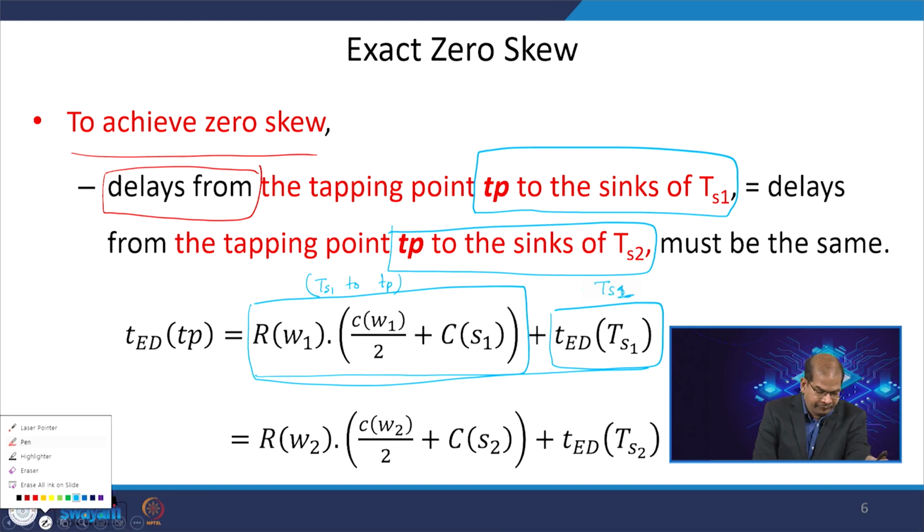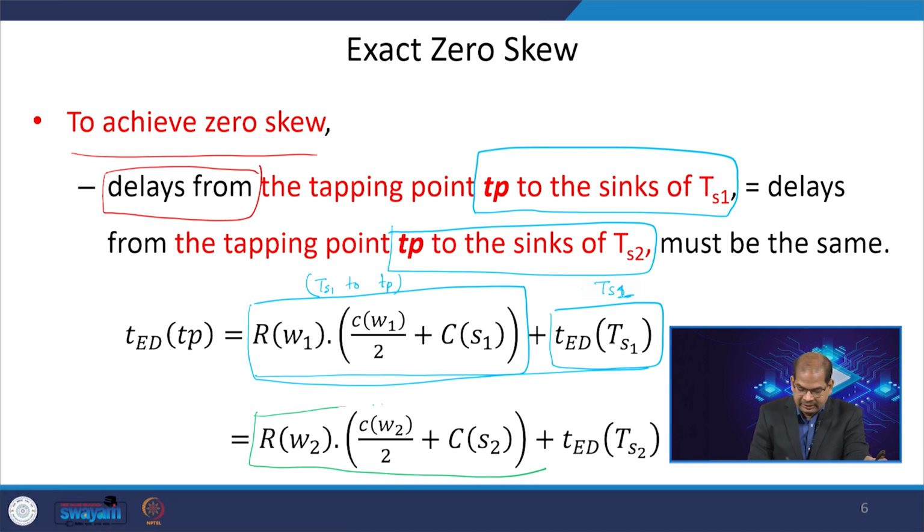Now we have the second delay: this is the delay from Ts2 to Tp, and this is the delay of Ts2.